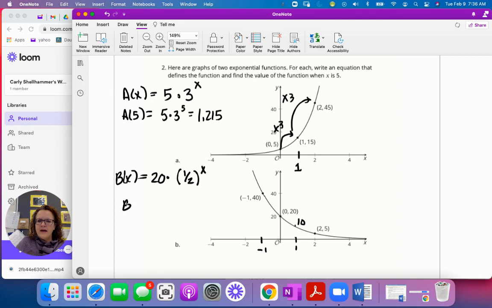And then here we have evaluating at 5, 20 times 1/2 raised to the 5th power. Definitely smaller. That's going to be the value out here somewhere, pretty small. And out here somewhere, decently big.